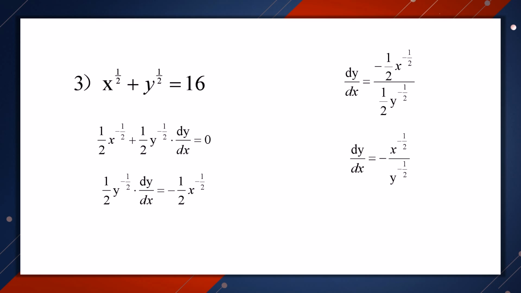And then simplify it. The final result will be the derivative of y equal to negative x to the power of negative 1 over 2 over y to the power of negative 1 over 2.